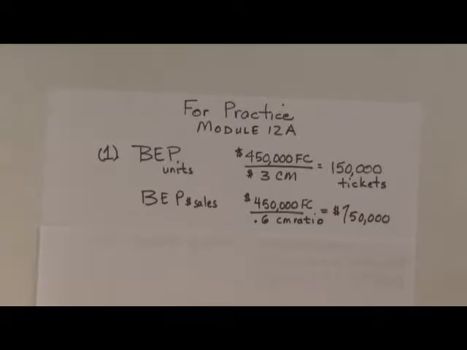To find the break-even point in sales dollars, we divide by the contribution margin ratio, in this case 60%, and this gives us a break-even point of $750,000 of sales.